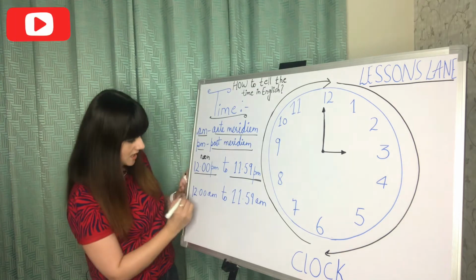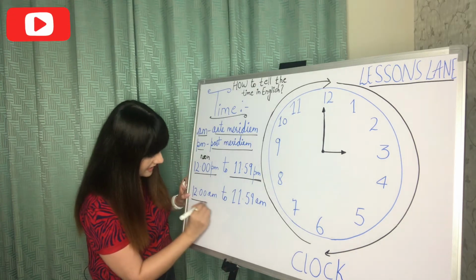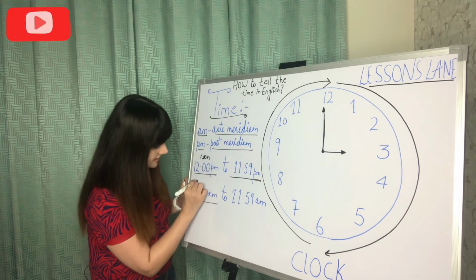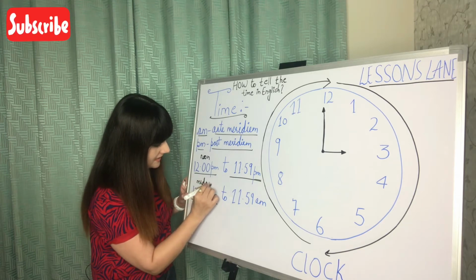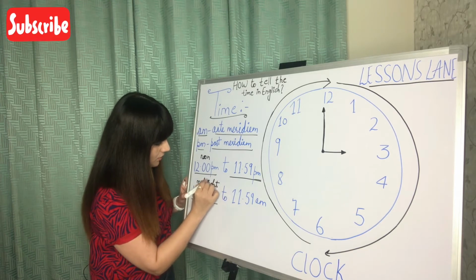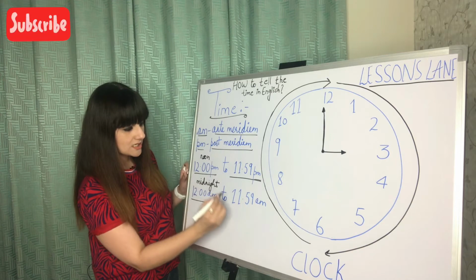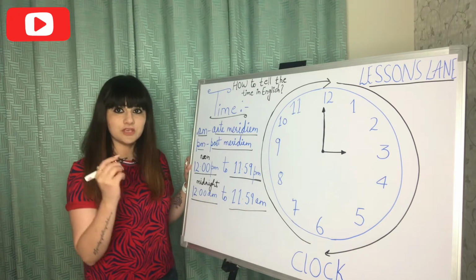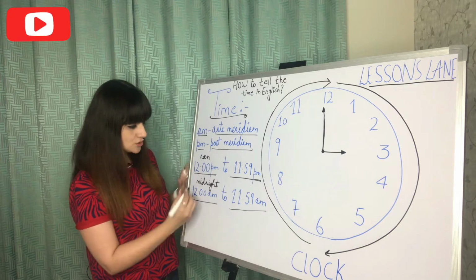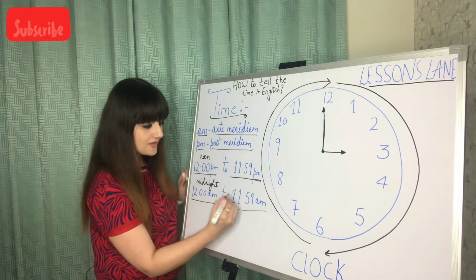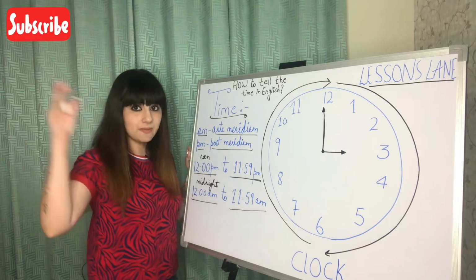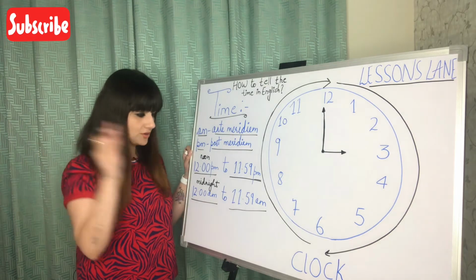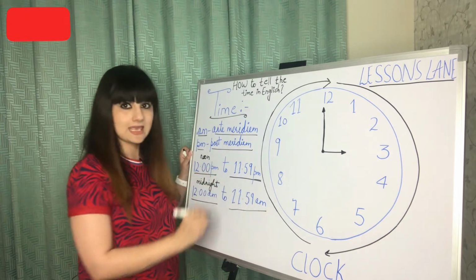When I'm talking about 12 a.m., we call it 12 midnight. And in the morning till 11:59 we use AM. So 12 midnight to 11:59 in the morning, we are using AM.